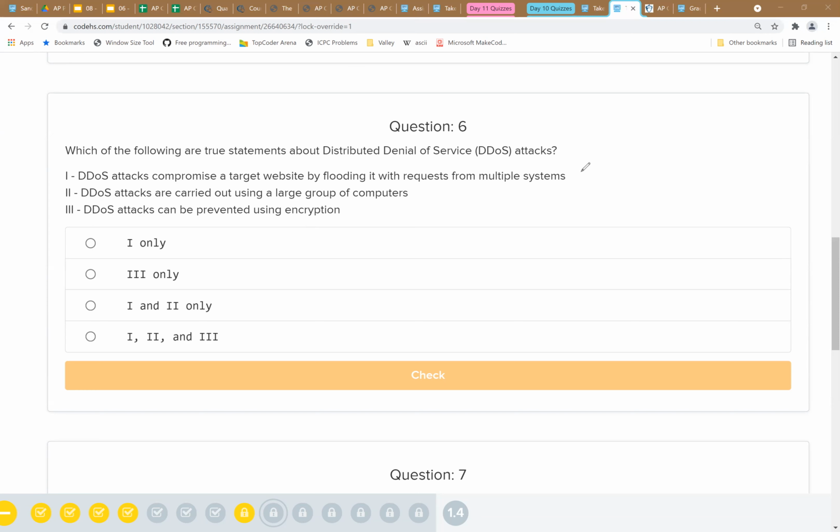Yeah, that's the primary way that it works. Is it carried out using a large group of computers? Yeah, that's what the distributed part of DDoS stands for. And can they be prevented using encryption? Not really, no, that doesn't make a whole lot of sense. So only 1 and 2.